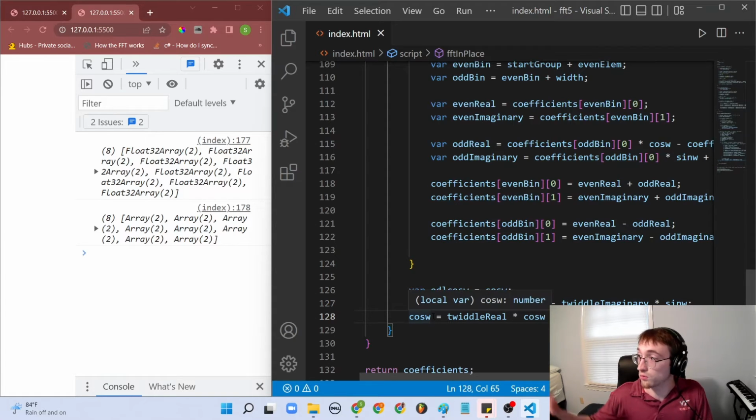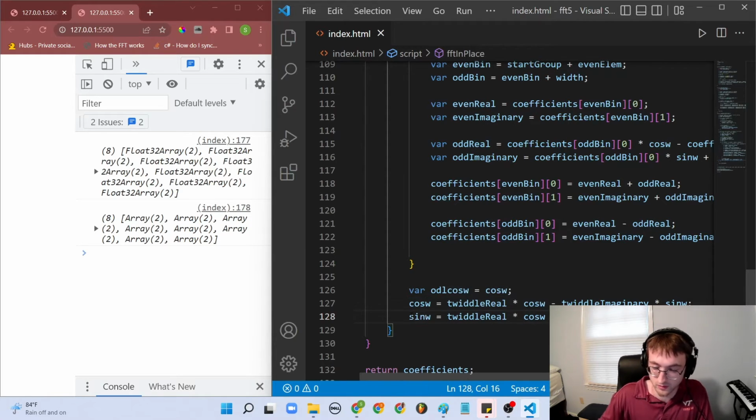All right, cool. And then we need to set sine omega, which is going to be, like we already know, the sine plus the cosine. And actually, this has to be the old cosine. And I spelled it wrong.